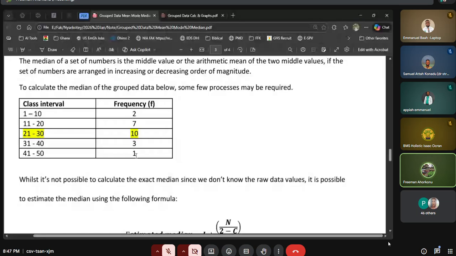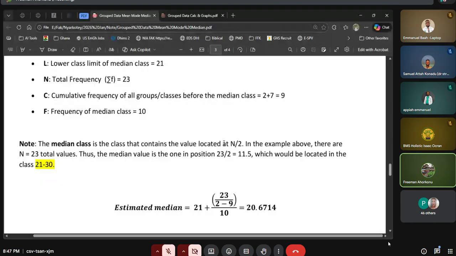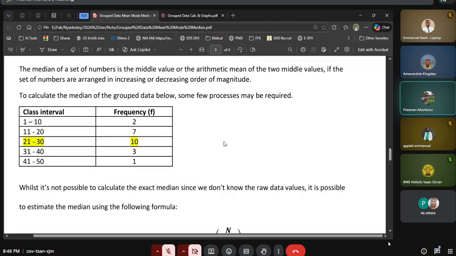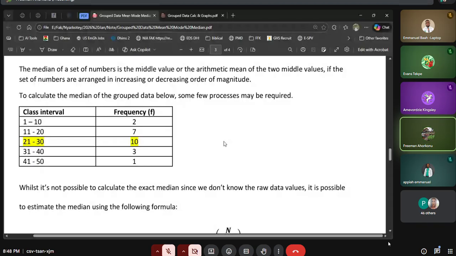The median class is the class that contains the value located at N over 2. So when we divide 23 by 2, what do we get? 11.5. Right? Okay. Pay attention very well.